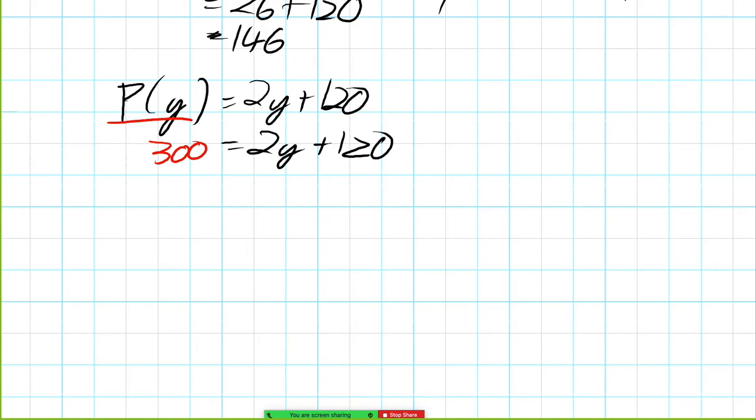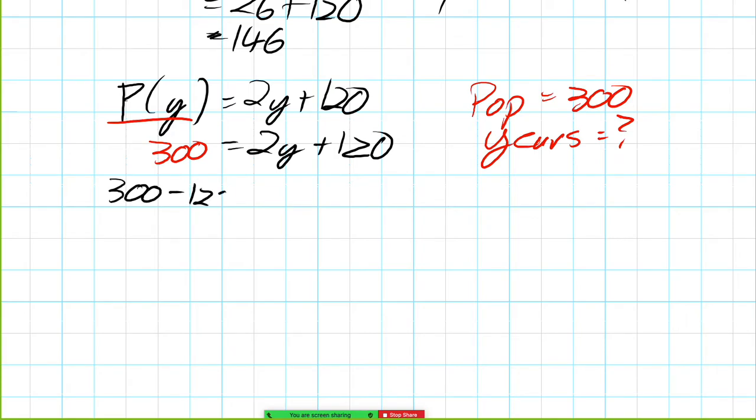The question is asking when population is 300, so pop equals 300, what is the number of years? What do years equal? That's what we're trying to get at here. So we're going to isolate for y. We'll move 120 to the other side. We'll get 300 subtract 120 over 2y. That'll give us 180. 180 is equal to 2y.